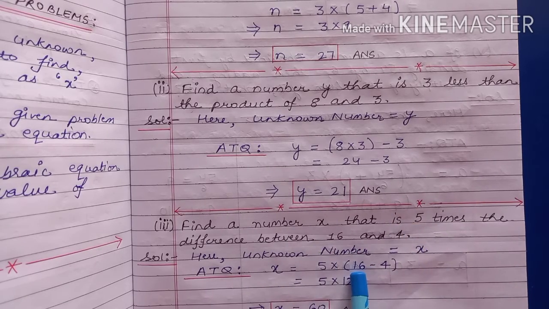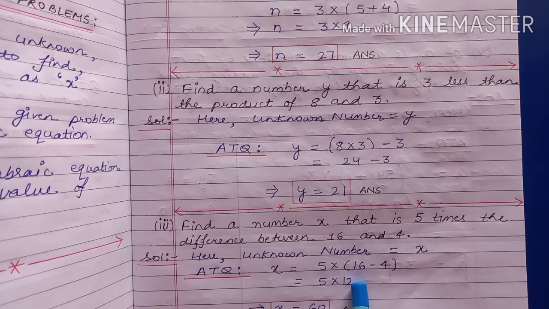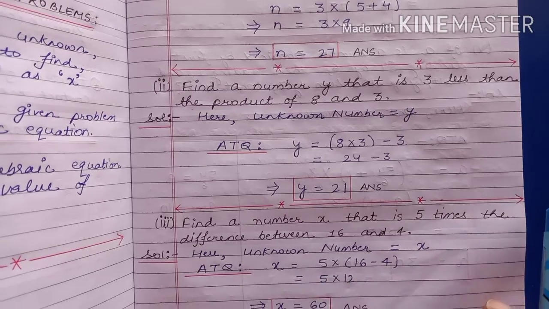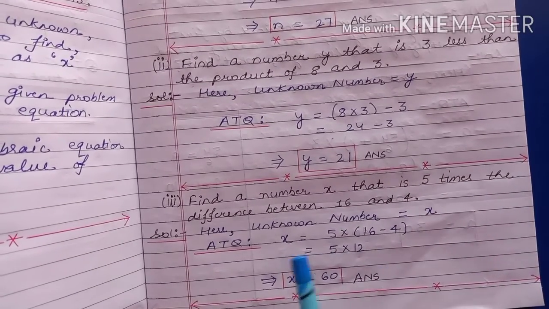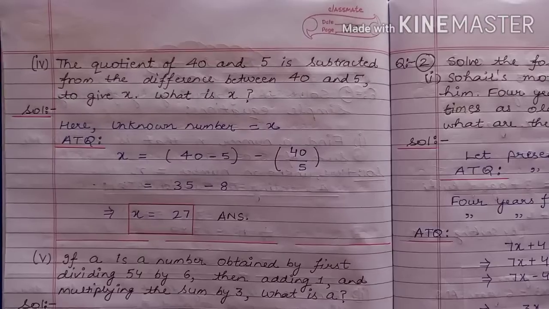So first we find the difference between 16 and 4 and then multiply it with 5. So 5 into 16 minus 4. We know 16 minus 4 is 12, so it is 5 into 12, and 5 into 12 is 60. So the answer of the unknown, that is x, is equal to 60.